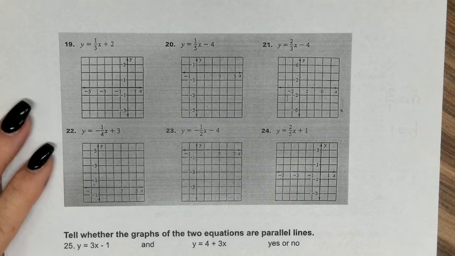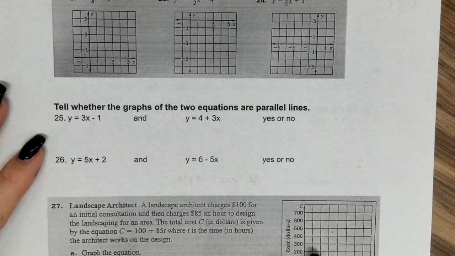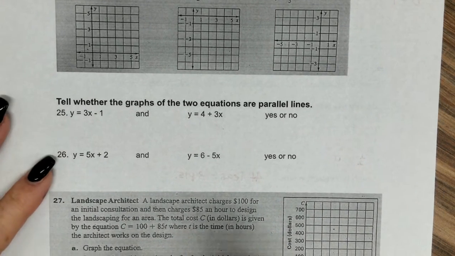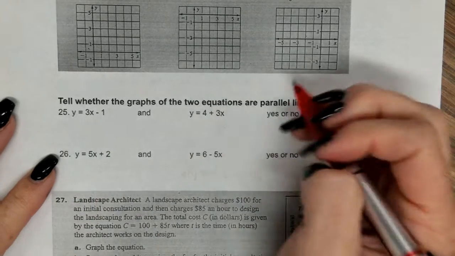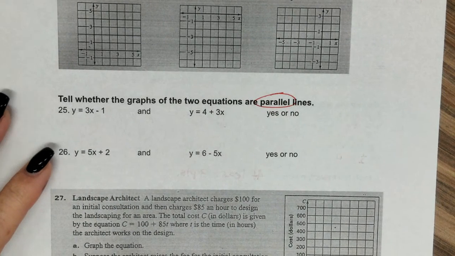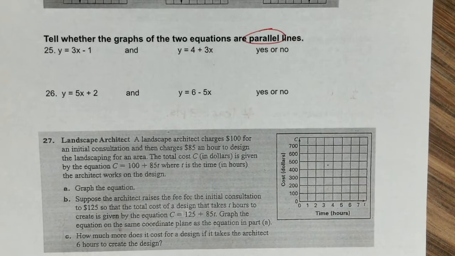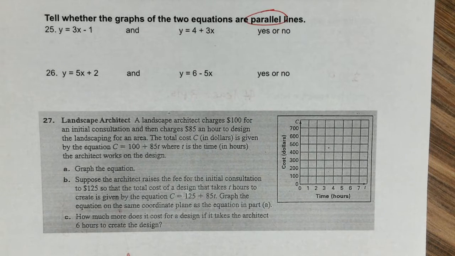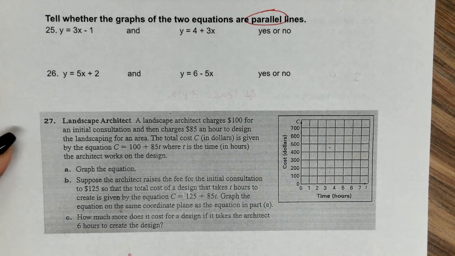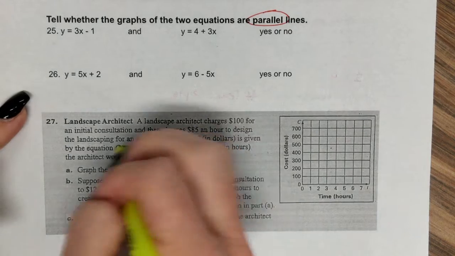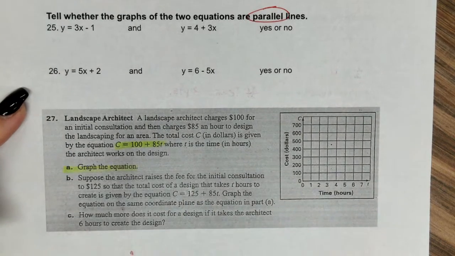Okay, flip to the back. Same thing back here. 25 and 26. Tell whether they are parallel. How do you know if they're parallel? You see if the slopes are the same. Then number 27, they're going to give you 2 equations. They give you this equation, and it asks you to do what to it?